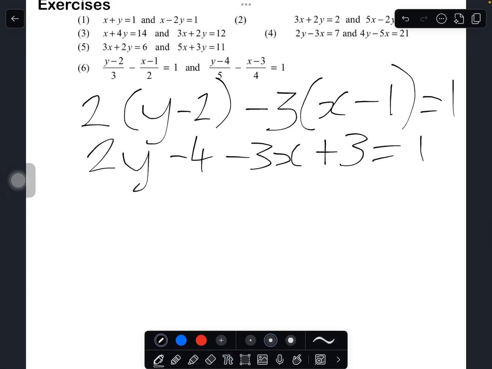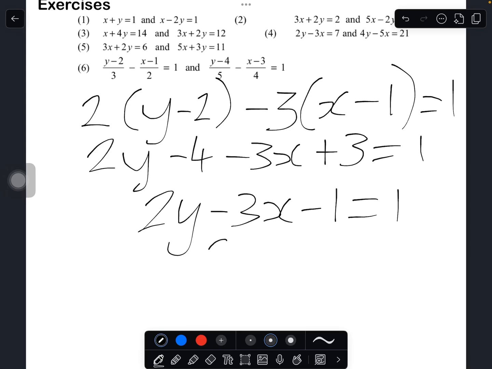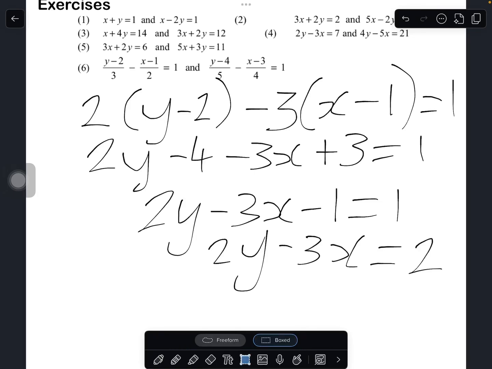I'm now going to simplify all of this, and I'm going to have 2y minus 3x minus 1 equals 1, and I can rewrite that as 2y minus 3x equals 2.